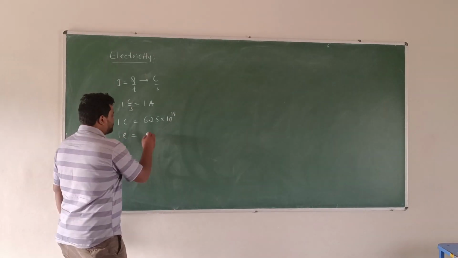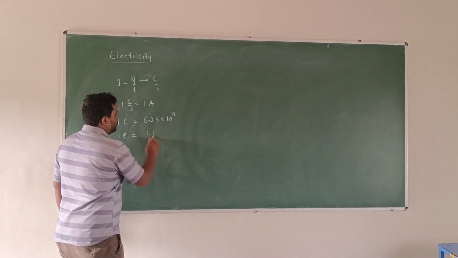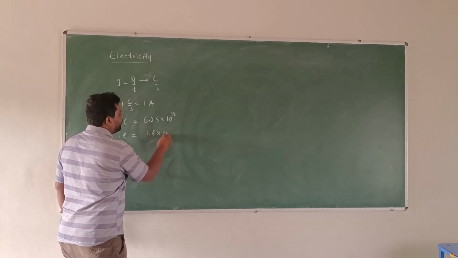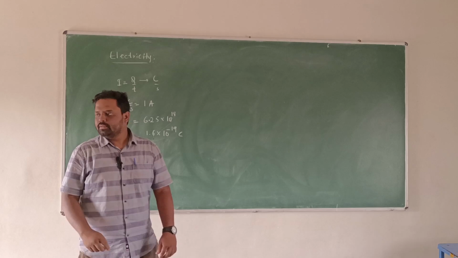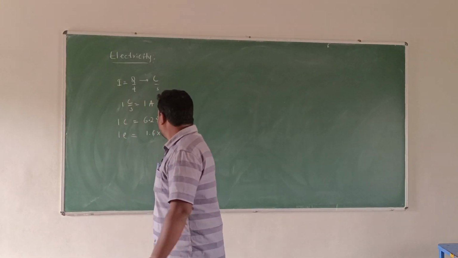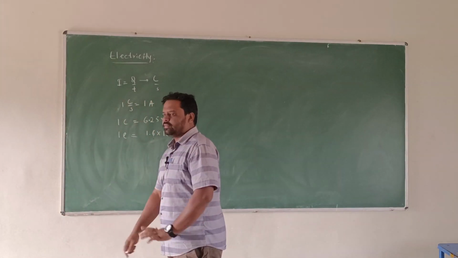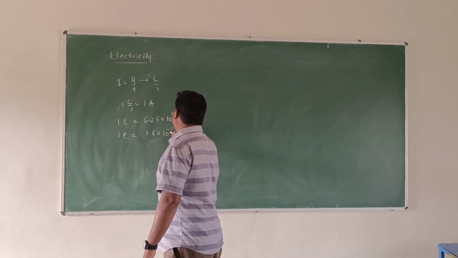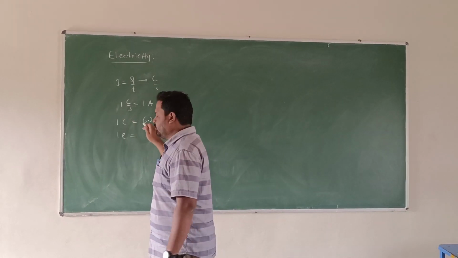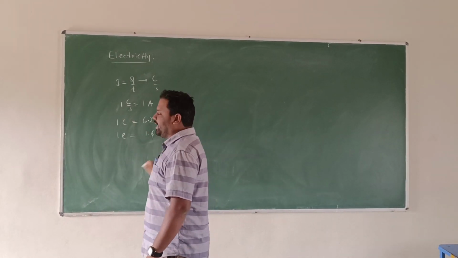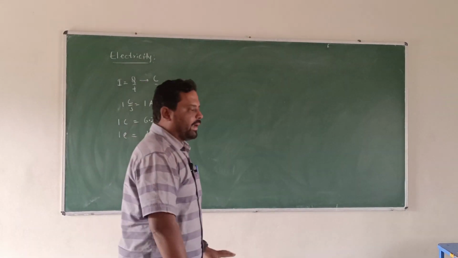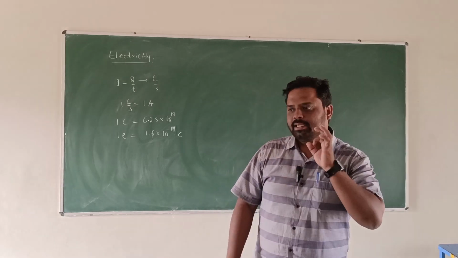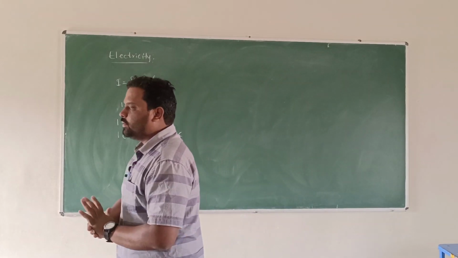We got approximately 1.6 into 10 to the power minus 19 coulombs. Minus 19, I think. It is correct only. When you write 0.16, it is different. 1.6 into 10 to the power minus 19 coulombs is the charge consisted by 1 electron.